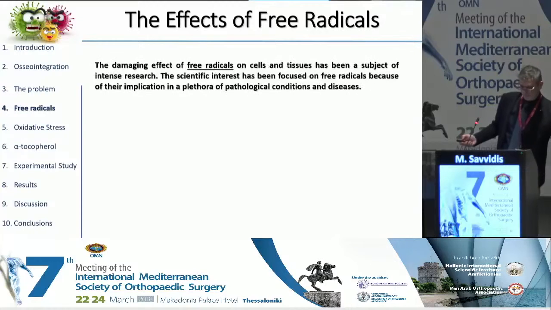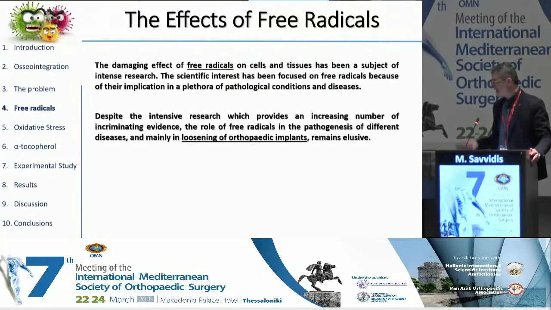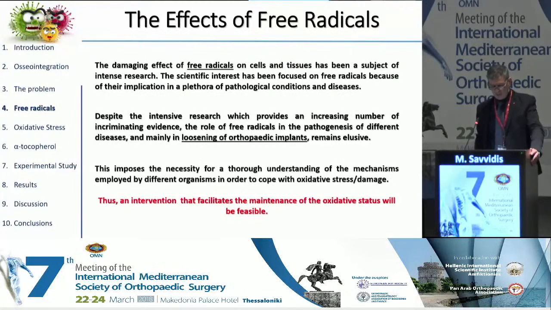The free radicals. The damaging effect of free radicals on cells and tissues has been a subject of intense research. The scientific interest has been focused on free radicals because of their implication in a plethora of pathological conditions and diseases. Despite the intensive research, which provides an increasing number of incriminating evidence, the role of free radicals in the pathogenesis of different diseases, and mainly in loosening of orthopedic implants, remains elusive.